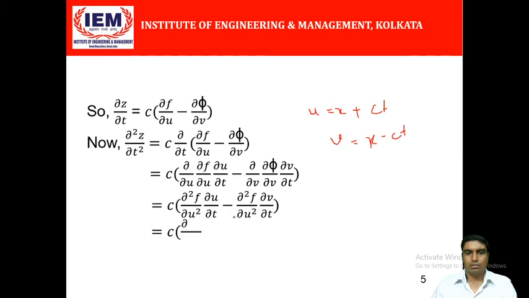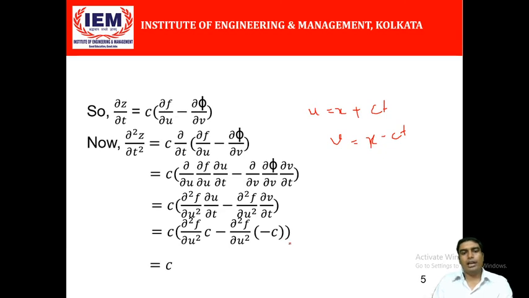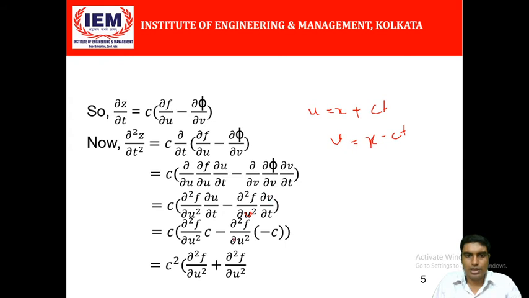So ultimately I'll get ∂²f/∂u², and this term will be c, and here it will be negative of c. So ∂²φ/∂v², and negative of c. Sorry, there is some mistake. It will be basically ∂v² because we are differentiating this one with respect to v, and here we'll also get ∂v².